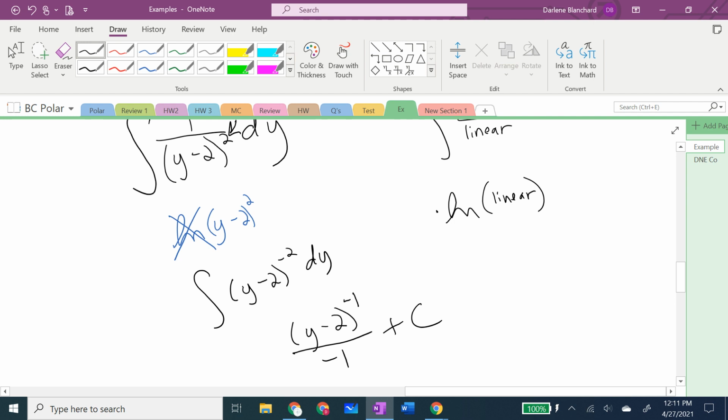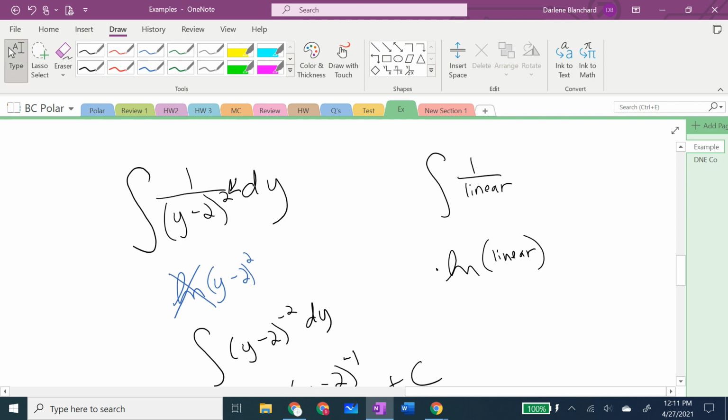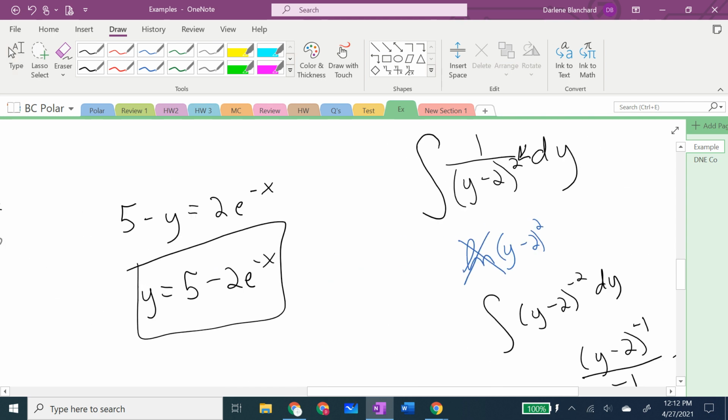Completely different. Don't universalize the issue of, I integrate and it's a logarithm just because it has something on the bottom. If it's a linear polynomial on the bottom, yes. Otherwise, no. Be careful.